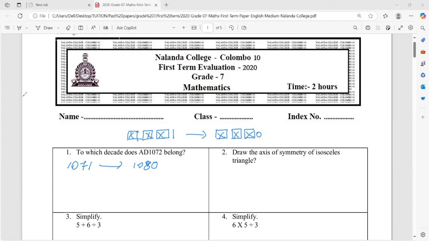So this way you can easily identify a decade. Fine. So let's do it this way. If you cancel this 0, you will get the number. Actually, this is now the 108th decade, right? You can write the decade is 108th.